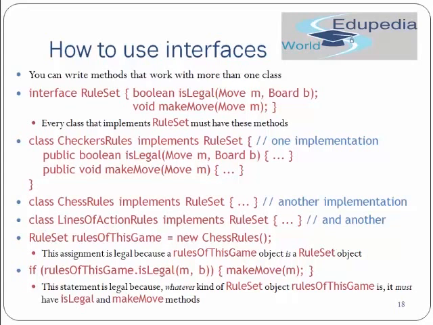Fine. So we can see there is an interface RuleSet and then there is a method, boolean isLegal, which takes a Move object and a Board object. Then we have another method, void makeMove, which takes a Move object. Now every class that implements RuleSet must have these methods. So we have a class CheckersRules, which implements RuleSet.